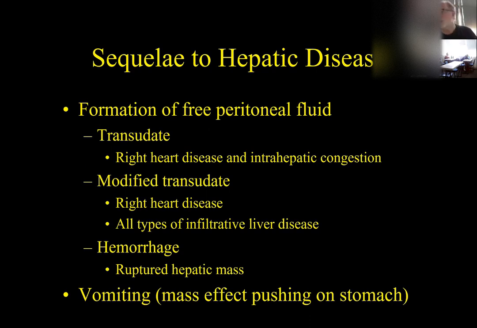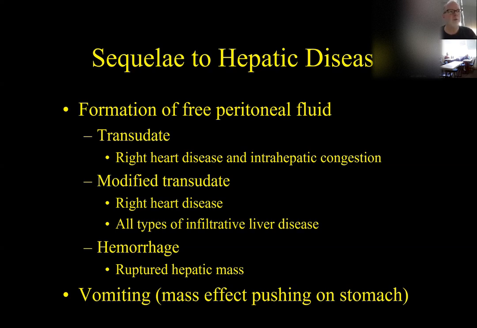And again, how much fluid should a normal dog or cat or person have in their peritoneal space? The answer is always the same: just a few drops. If you have accumulation of fluid in the peritoneal space, that is abnormal. If you have disease in the liver, very commonly that will cause peritoneal effusion.